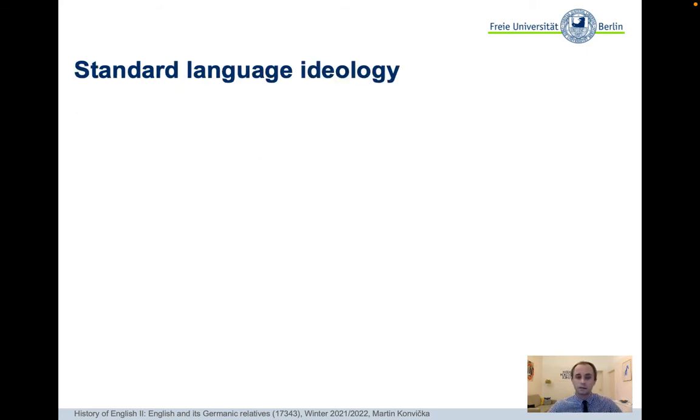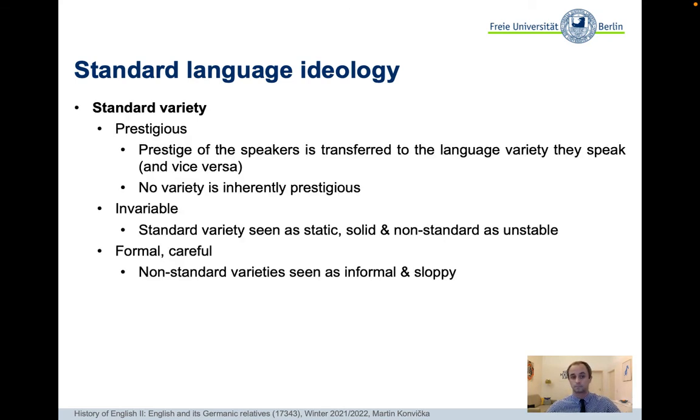By ideology, I don't necessarily mean something political, but simply ideas about language. And I'm sure that at least some of these things that I'm going to talk about in a second are still familiar to you now. So, at the core of the standard language ideology is the idea that there is one standard variety.